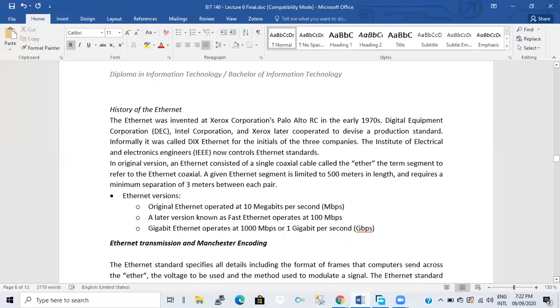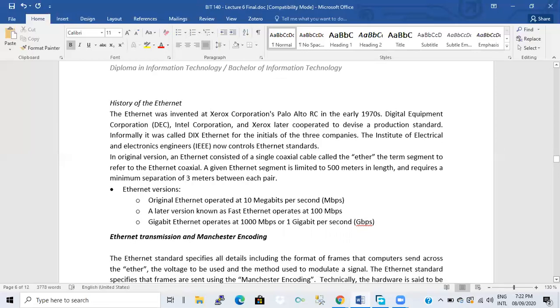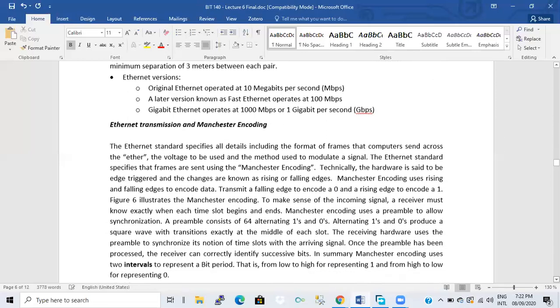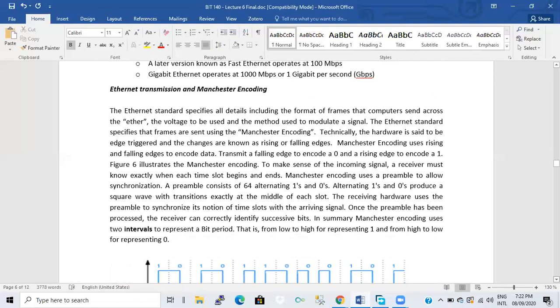The history is not something that should bother you much, and you don't expect me to ask any questions in any test or an exam on the history of Ethernet. I may ask you questions on Ethernet transmission and Manchester encoding. If you are a Manchester fan, you need to pay attention because this Manchester encoding is something that I usually ask in the exams.